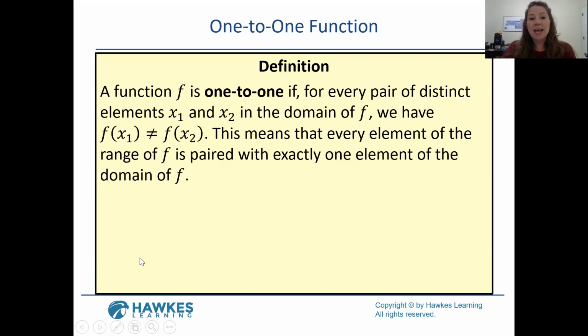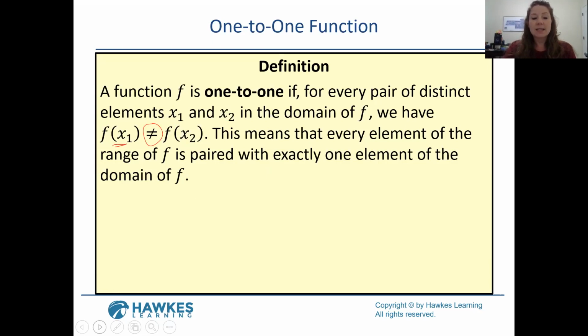So the function f is 1-to-1 if for every pair of distinct elements, f of x1 is not equal to f of x2. This means that every element of the range of f is paired with exactly one element of the domain of f. So in other words, we're trying to see if a function passes the horizontal line test.